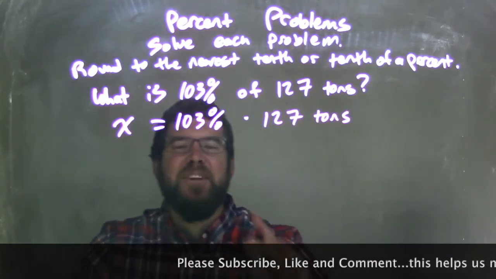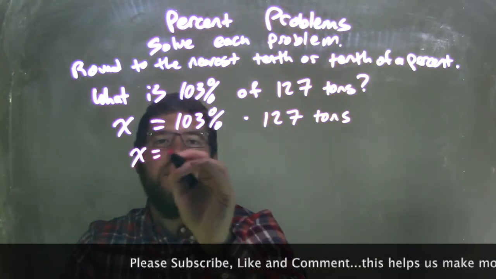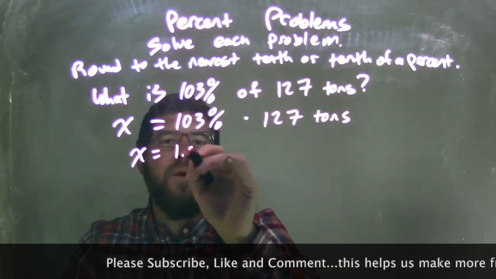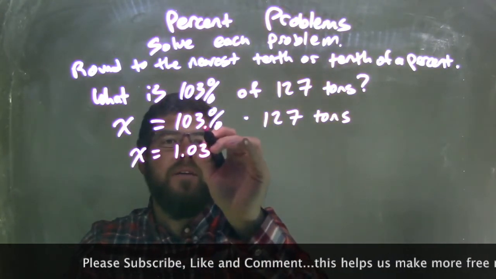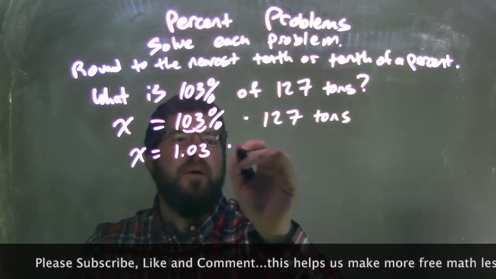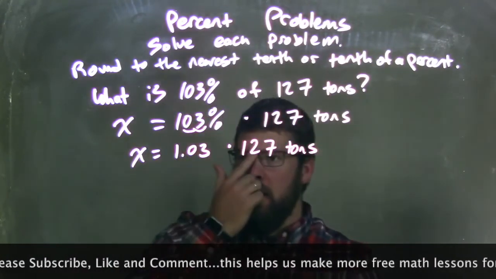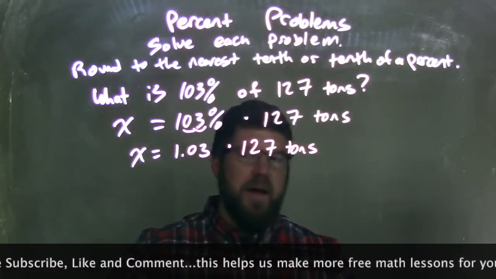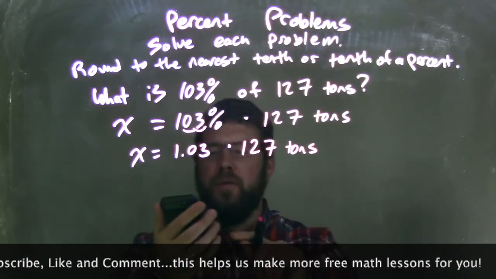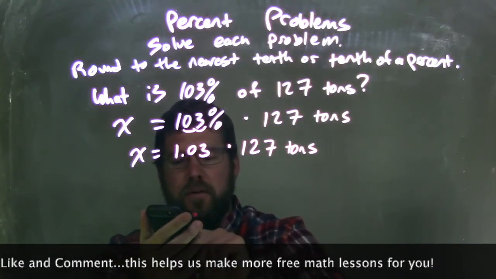Well, I need to convert that 103% to a decimal. So to do that, I keep the x down here. 103% is 1.03 as a decimal, right? If there's a decimal, we move 2 units to the left, multiplied by 127 tons, right there. Then I need to multiply that out. What's 1.03 times 127?